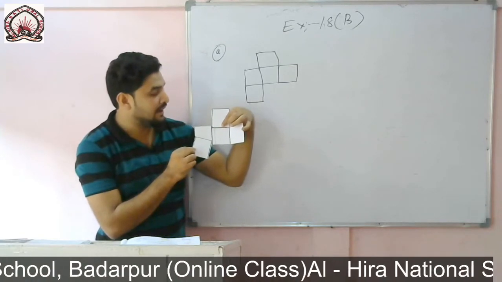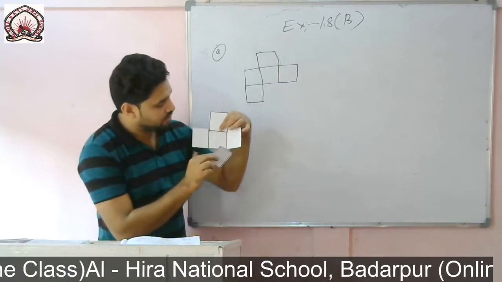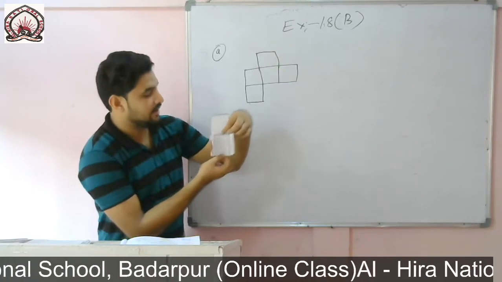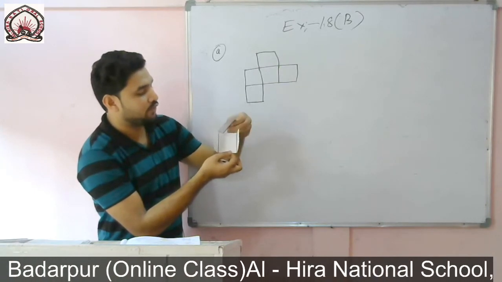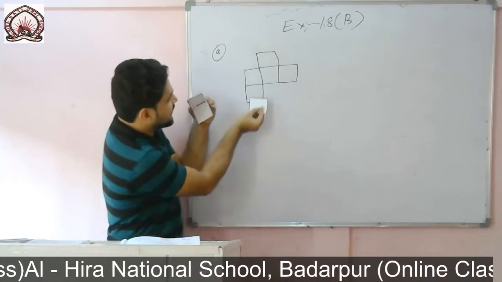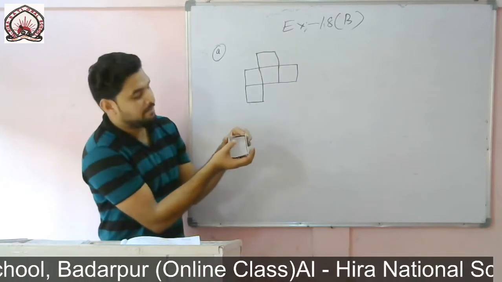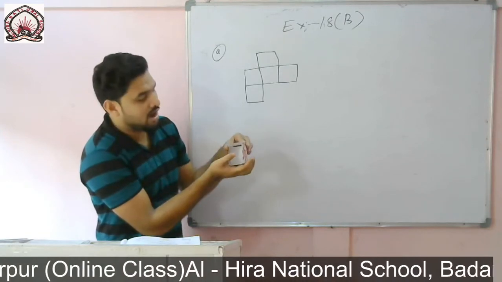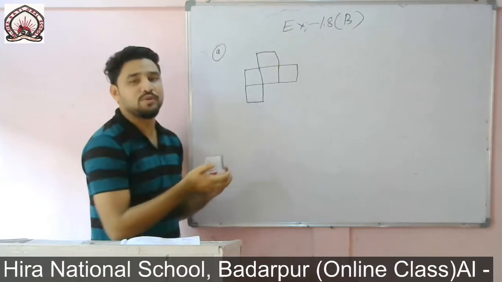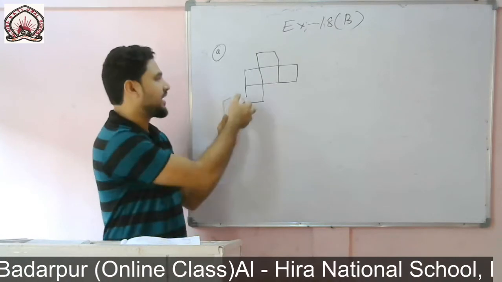Now let us fold them and check whether it will make a closed box or not. If I fold this one, it will come like this, and the top will fall down like this. Here, if I fold, it will become like this. But this side remained open, so this will not form a closed box. It is not possible because one side remains open.